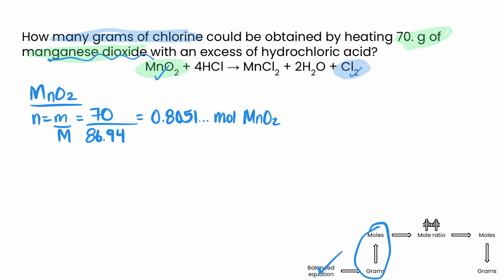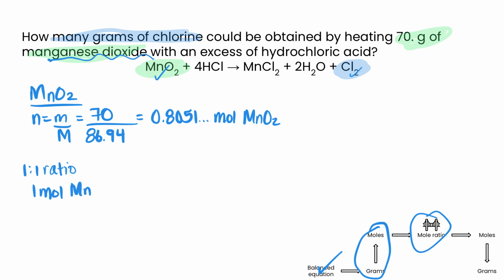Okay, next step then, we need our mole ratio to find the moles of our unknown. So looking at our balanced chemical equation, it is a 1-to-1 ratio. So you can still set up the ratio, but know that the number of moles of MnO2 is also equal to the number of moles of chlorine gas because it is a 1-to-1 ratio. But let's set up the ratio anyway, just so we can see that.